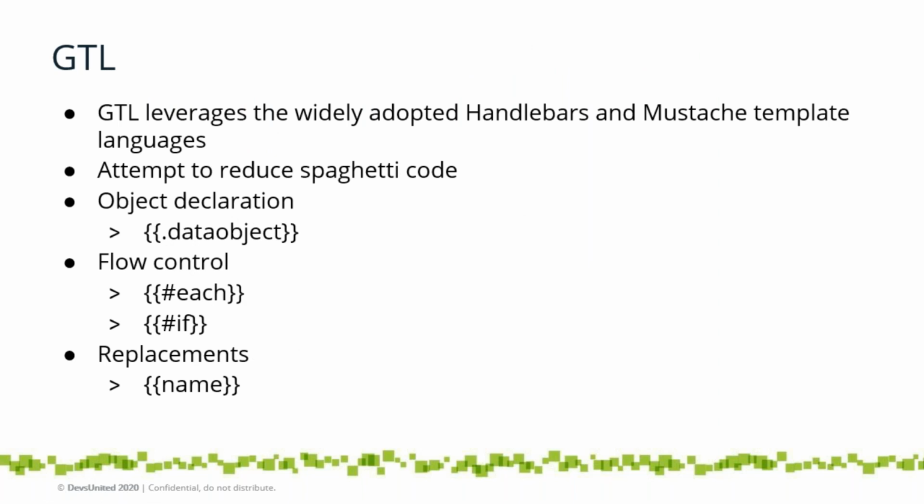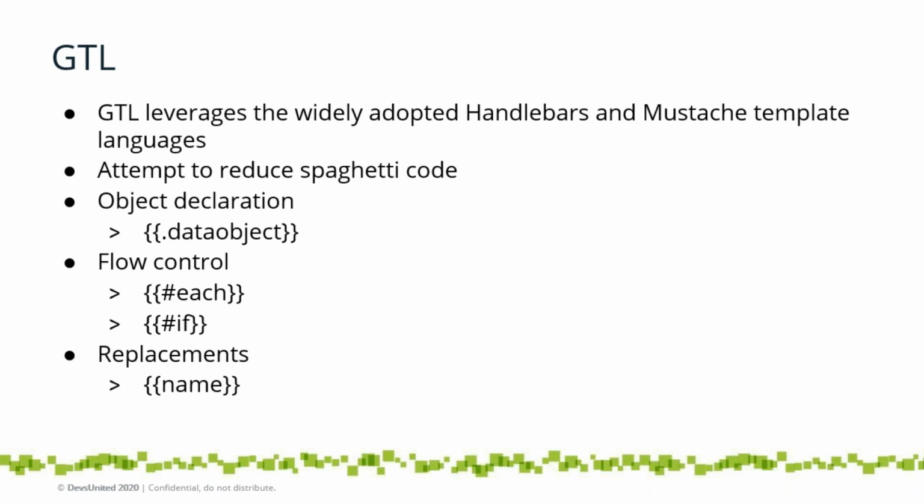And we're going to see some Guide template language. It leverages Handlebars or Mustache template languages, very well known, basically replacement frameworks. The attempt is to reduce at least a little the spaghetti code, meaning mixing a scripting technology with HTML in your messages.